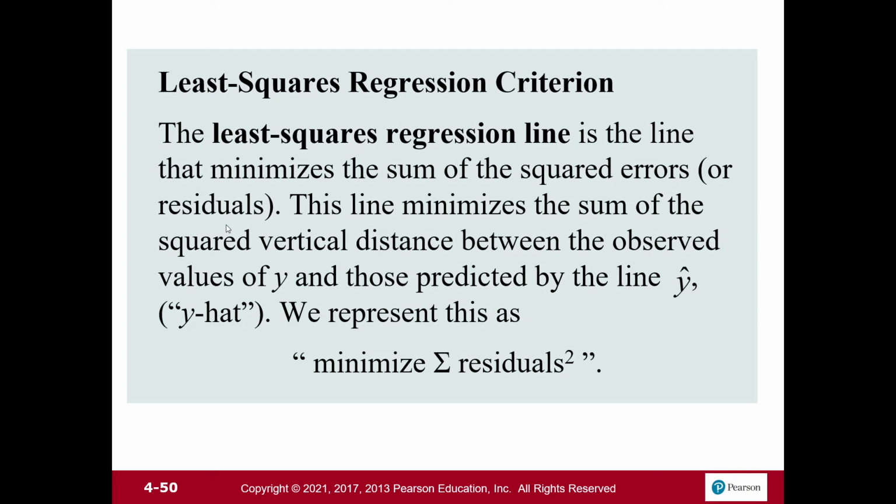This line minimizes the sum of the squared vertical distance between the observed values of the y and those predicted by the line y prime, or y hat. We represent this as minimize the sum of the residuals squared.